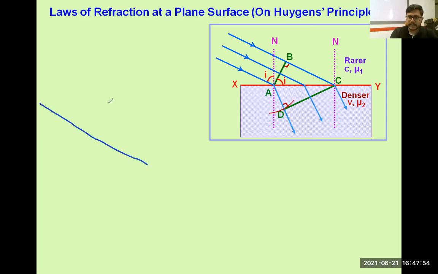Suppose this is the incident ray of light and this is the normal point, and from the normal this is the perpendicular line and this is our horizontal line. When we extend this ray of light here, this is our angle of incidence, so this will also become angle of incidence.